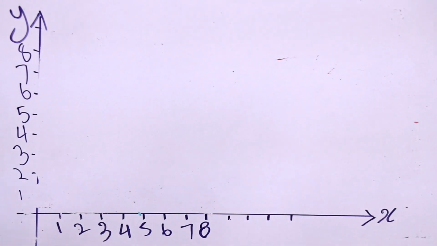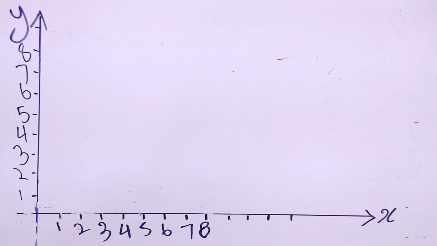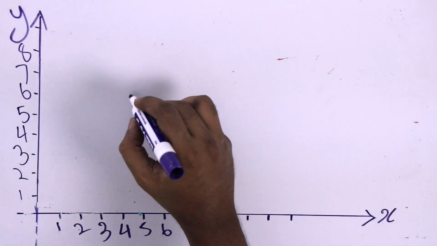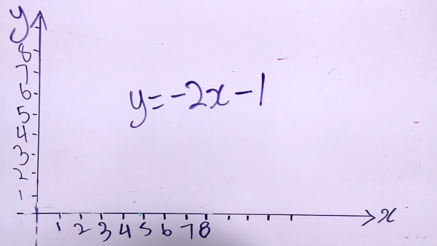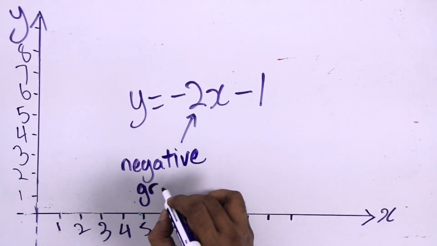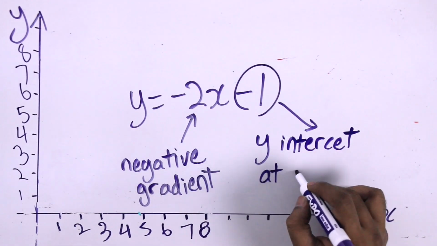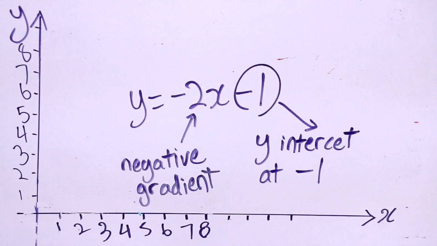So let's mix things up. Let's multiply by a negative number and subtract a number at the same time. We saw that when we subtract a number, we should expect the line to move down. And we saw that with a negative gradient, the line should be slanted in the other direction.